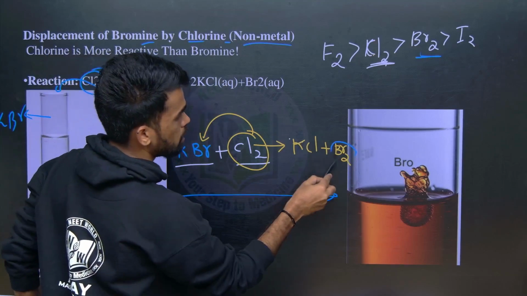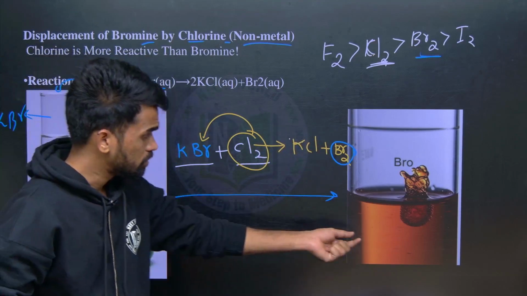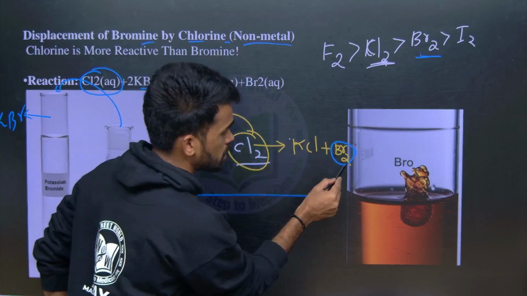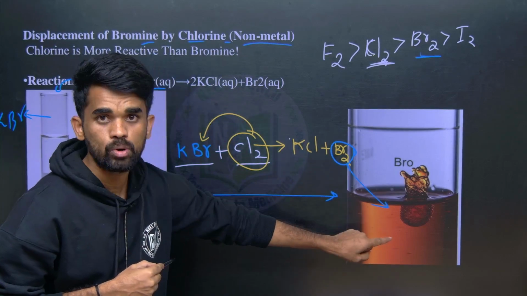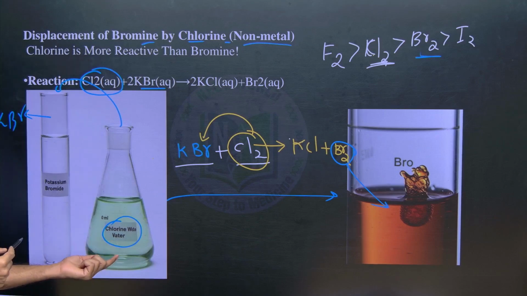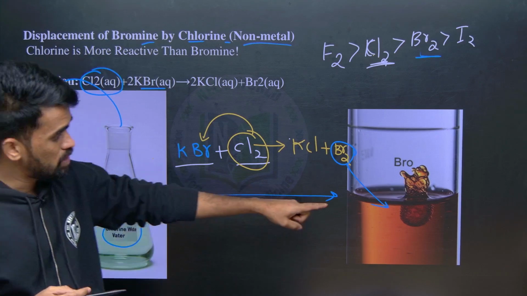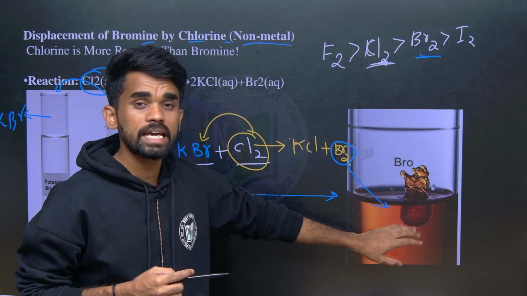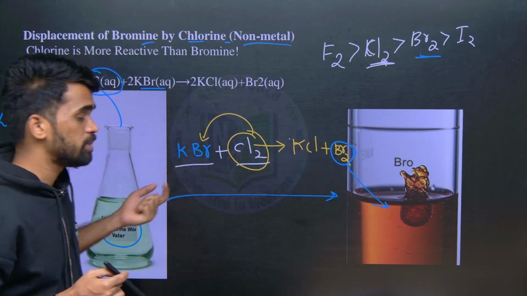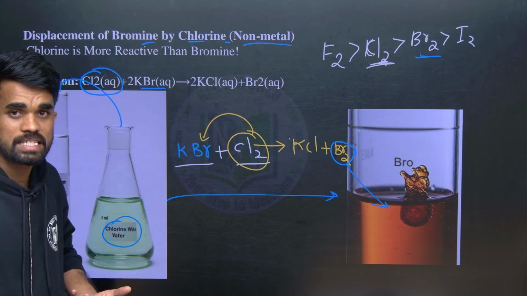This Br2 solution has a reddish brown color. What is the color of bromine? It will be reddish brown. Initially we have a pale green color, and during this process it will turn reddish brown. What is it indicating? Bromine is formed from this chlorine. How is this process taking place?